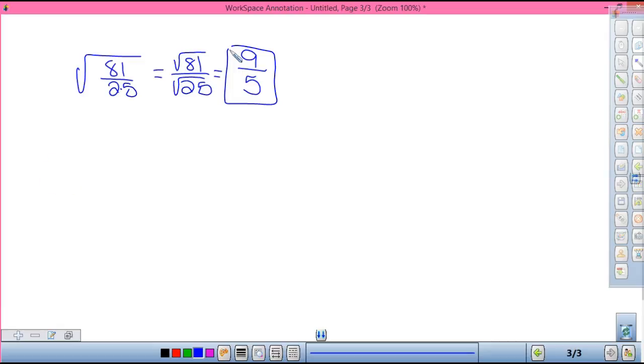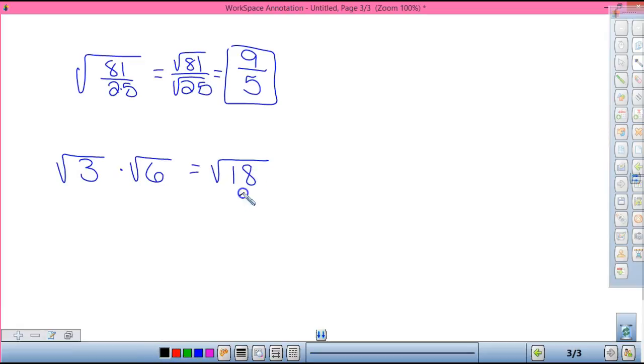What if I multiply square roots? What if I have the square root of 3 times the square root of 6? We're going to multiply what's underneath there. We're going to get the square root of 18. And now what I have underneath there, I need to reduce.